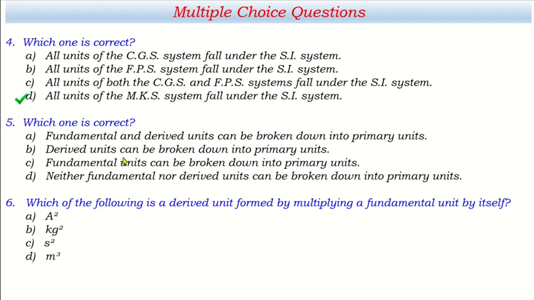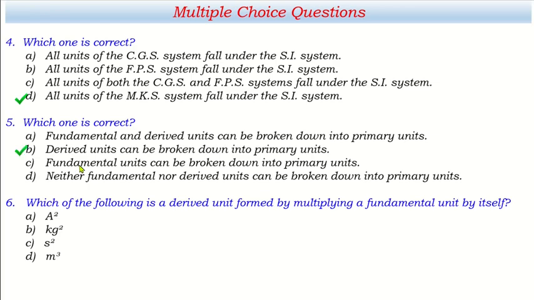Yes, derived units can be broken down into primary units because primary units means fundamental units and a derived unit is made by using one or more fundamental units. C. Fundamental units can be broken down into primary units. This is incorrect. Neither fundamental nor derived units can be broken down into primary units. No. That's why we have to go with option number B. Option number B is correct.